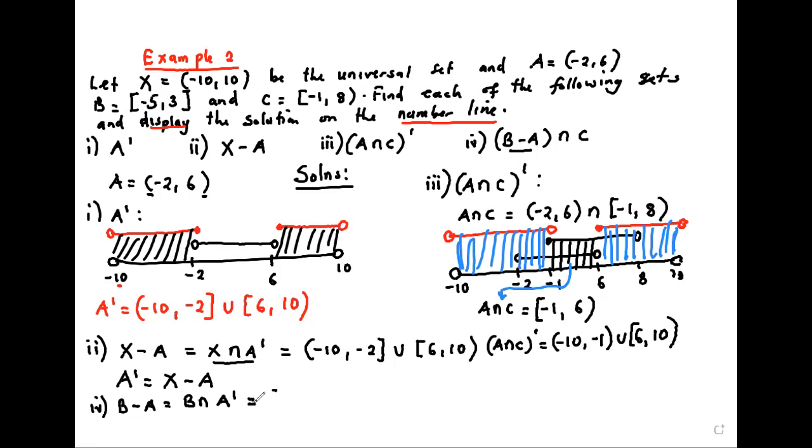B is from -5 to 3. Intersection A complement, which is from -10 to -2, union 6 to 10.